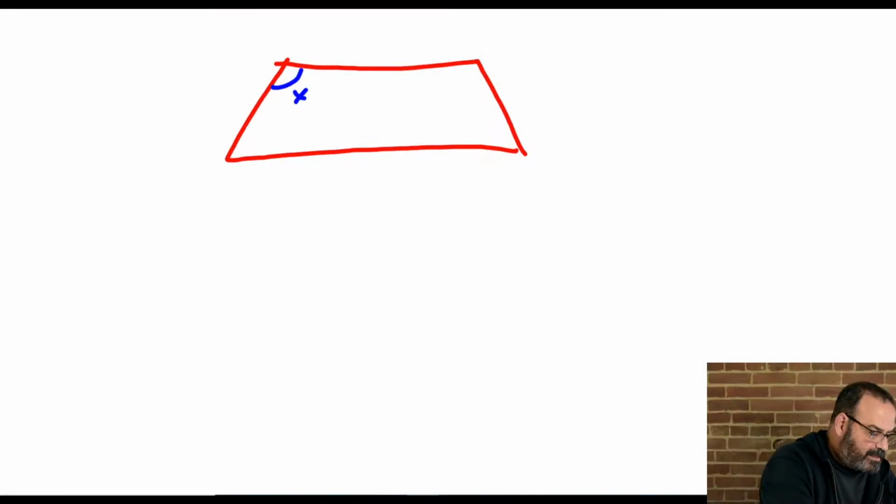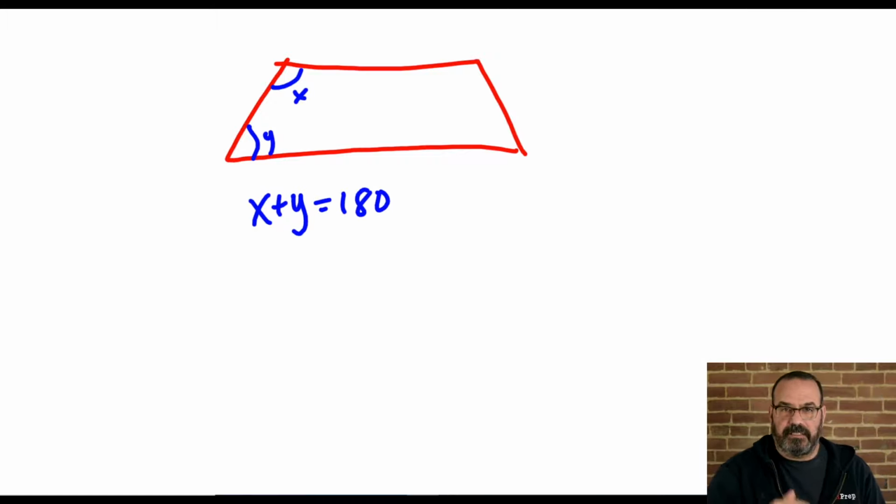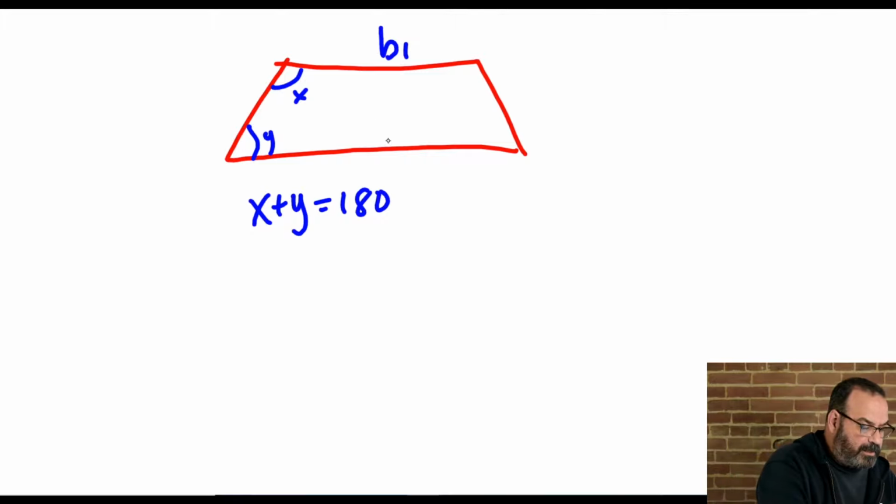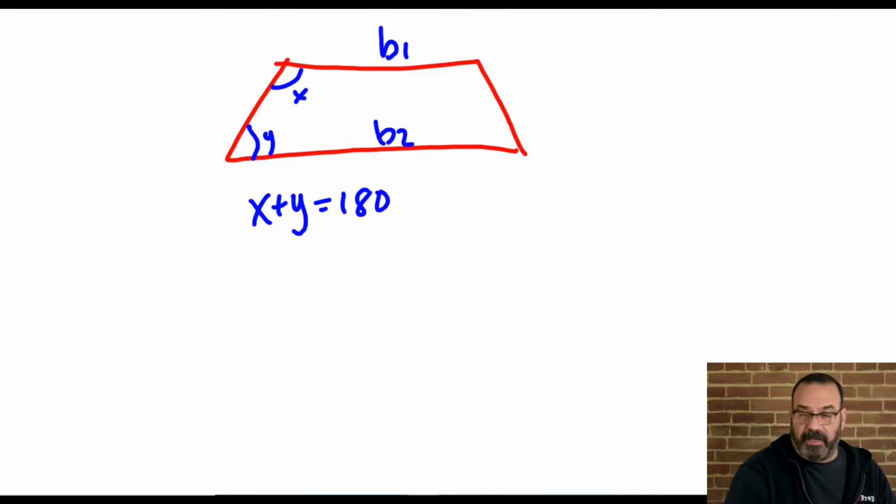Let's add another quadrilateral. What comes up is a trapezoid. The thing about a trapezoid that I already talked about is that the sides here, if I call this x and this y, x plus y is equal to 180 degrees. The top and the bottom are called the bases. We'll call this base 1 and base 2, and they are parallel.